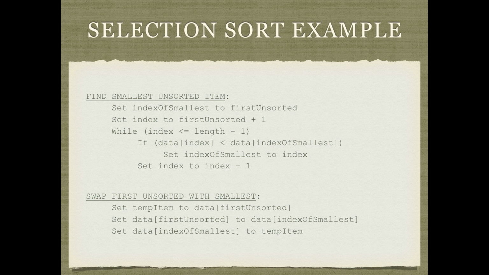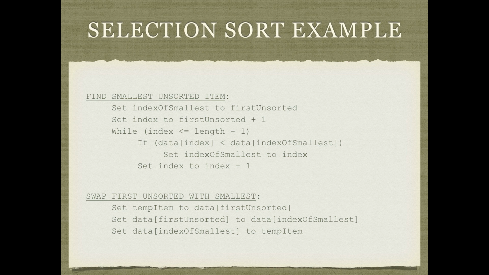Now, here's a key distinction. If you're going to swap data in two array values, you can't simply set A to B and B to A. The problem here is that once you set the value of one, you lose the data that was there originally. So you have to have a temporary item to hold one of the values so that it isn't overwritten when you copy in the value of the second.